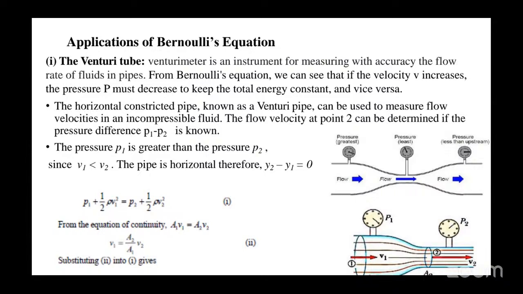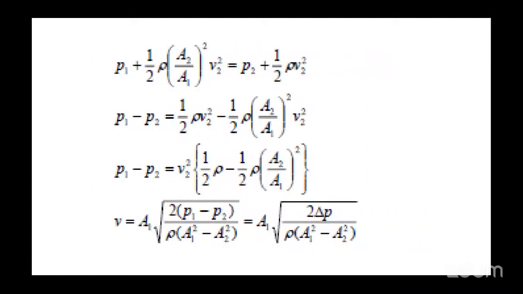According to the continuity equation, we have A1 V1 is equal to A2 V2. So if we make V1 the subject of the formula, we are going to have V1 is equal to A2 V2 over A1. Now, if we take that expression and substitute into the abbreviated version of Bernoulli's equation for Venturi tube and replace V1 square with that continuity expression in terms of V2, we will have an expression such as this.